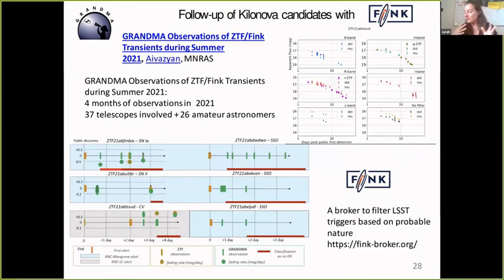So now I will try to finish in 2 minutes on the preparation for O4 that we do in GRANDMA. First, our program in GRANDMA is focusing on kilonova and gravitational events.